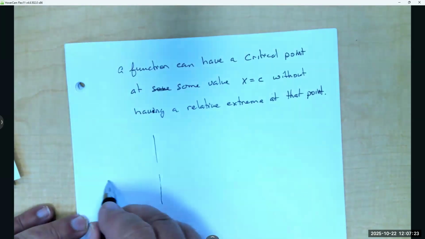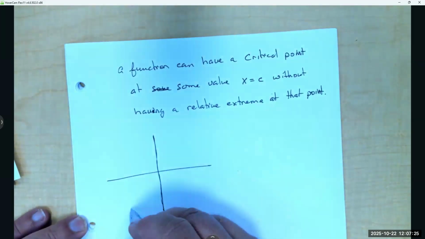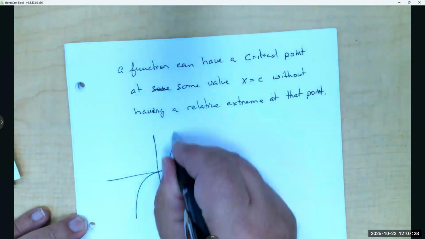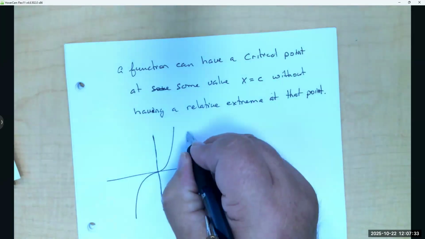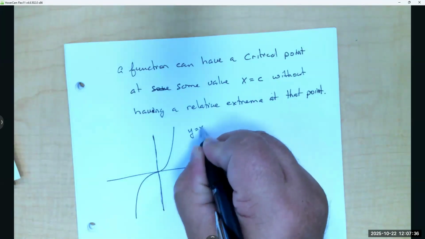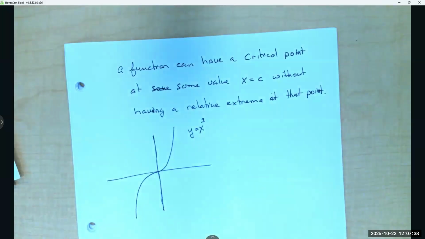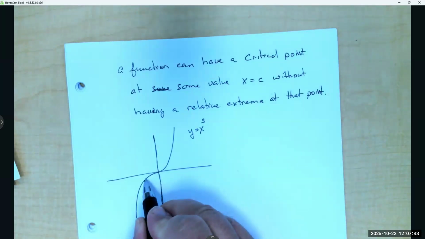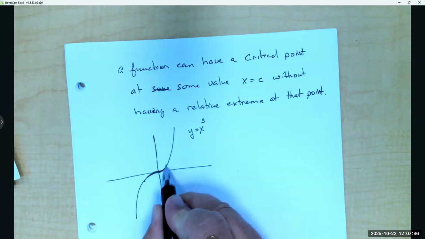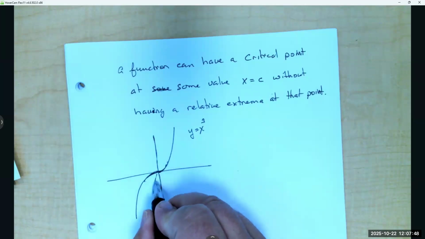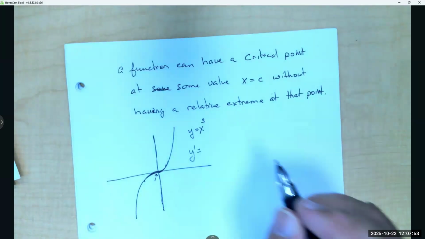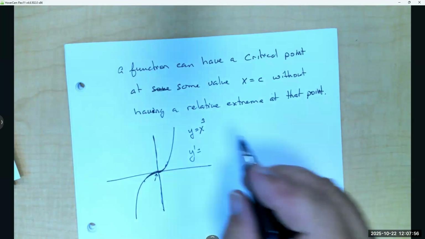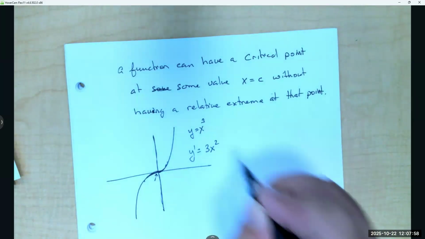Case in point. Because if we look at this thing very, very closely, if we take the first derivative of this, what do we get? 3x squared.